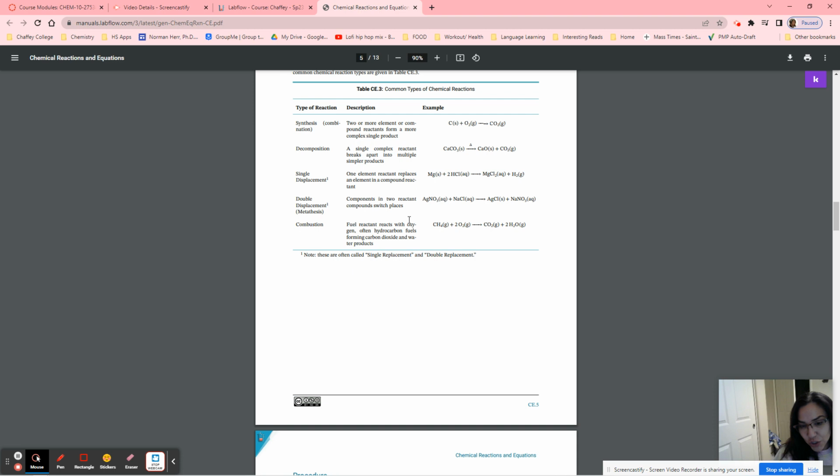So two molecules make two different molecules. And you could just switch the anions on both or switch the cations. And finally, combustion. So combustion is a fuel reaction in which you combine your fuel source with oxygen, and you're always going to produce carbon dioxide and water in a combustion reaction.